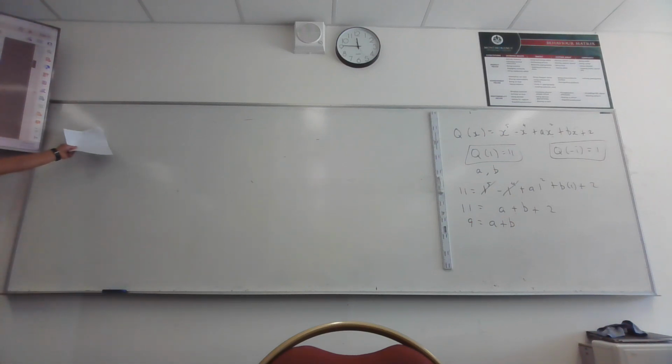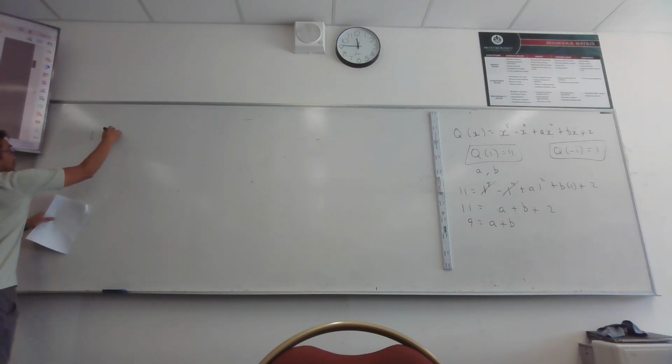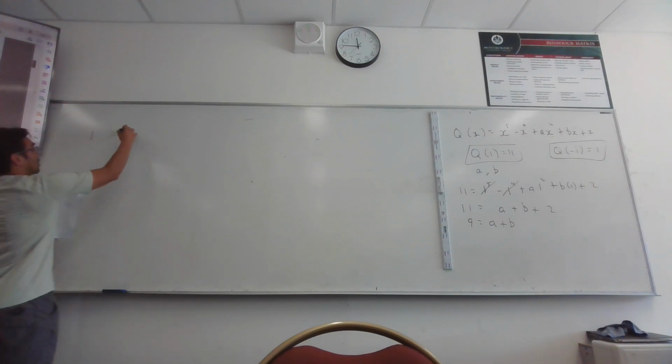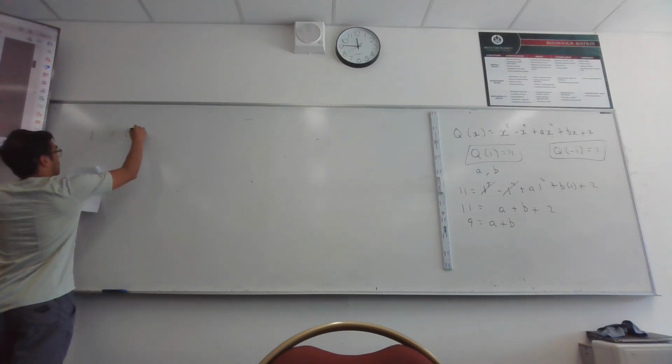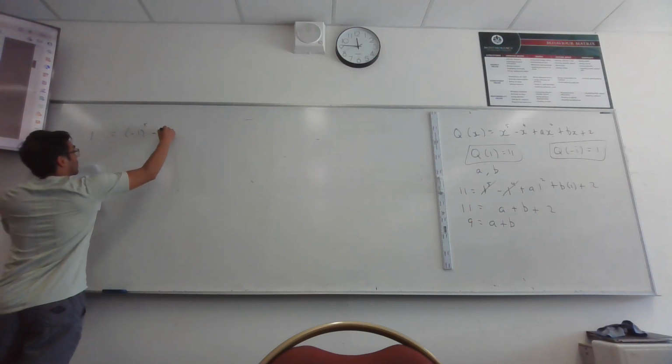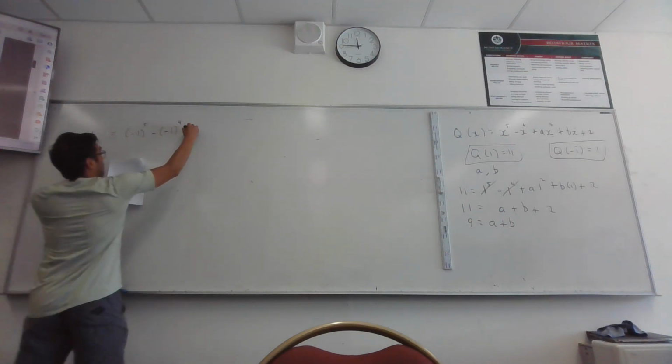Amy, how do I start this one off? You put 1 as a y. The 1's as a y, and in our x's we have negative 1. Negative 1. Thank you.